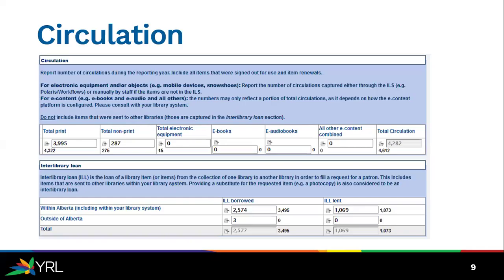They are also asking for ILL circulations outside of Alberta. This one's a bit trickier to capture, and the Polaris report might not capture every circ done this way. Again, we're working on a better way to get this data for you, but for now, feel free to use the data that comes from the report.